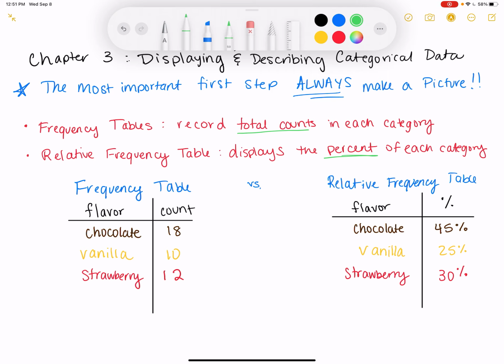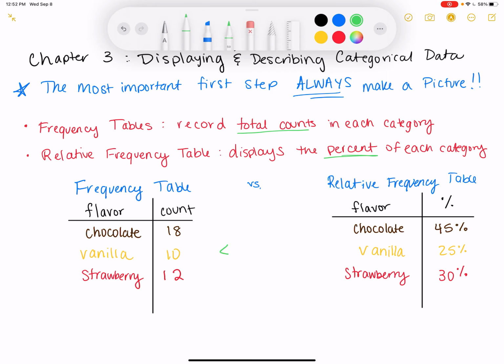Okay, so something to note about these. Do they look like the same table? Kinda. Do they look like they have the same information in them? No, but they do. One's given in counts, one's given in percentages. If we totaled these up and figured out the percentage of each one, doing 18 out of the total number, 10 out of the total number, and such, we would get these percentages over here, obviously multiplying by 100.